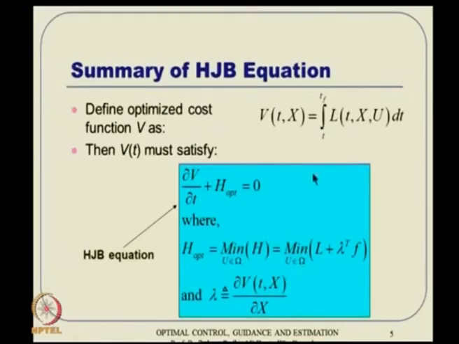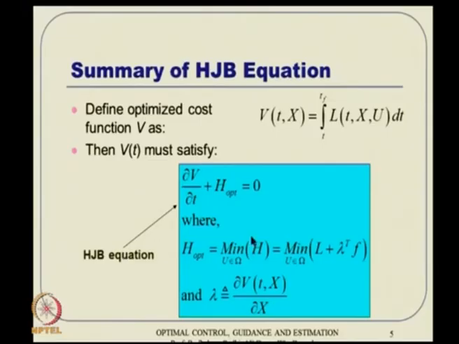After the analysis, we end up with this formulation: if you define something called the optimal cost, that means this cost function evaluated using the optimal control trajectory as well as the optimal state trajectory, then this optimal cost must satisfy this equation, which is famously called the HJB equation, that means the Hamilton-Jacobi-Bellman equation.